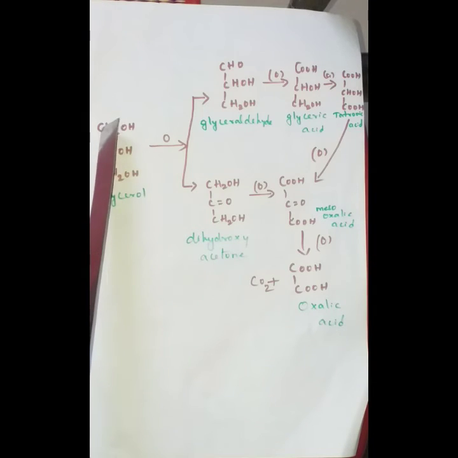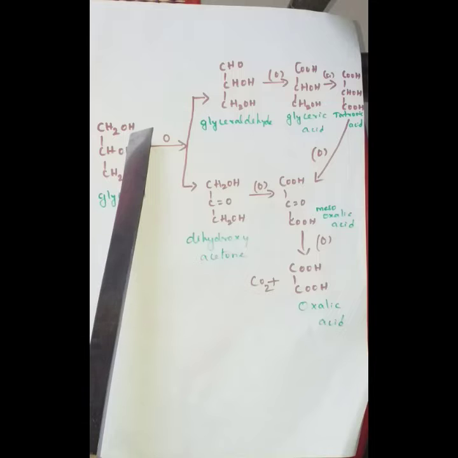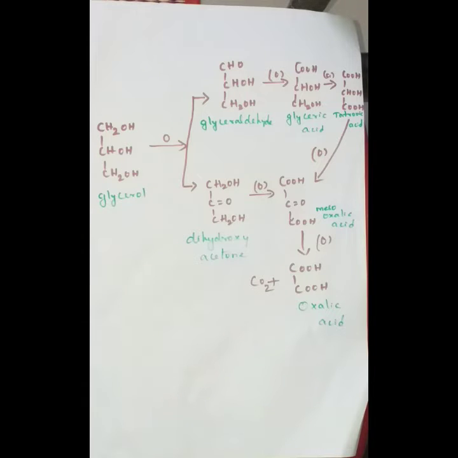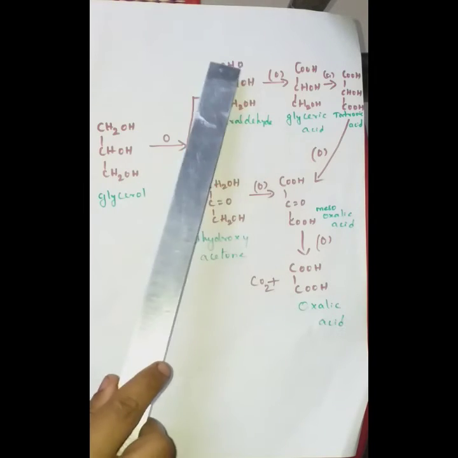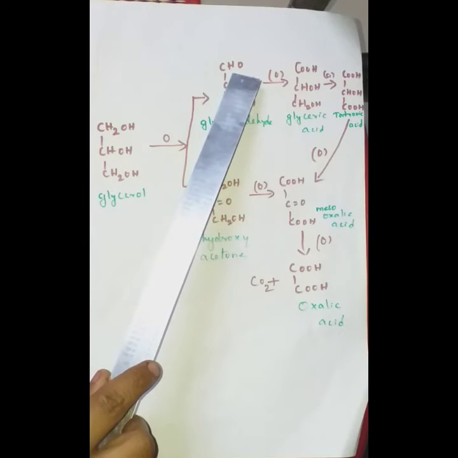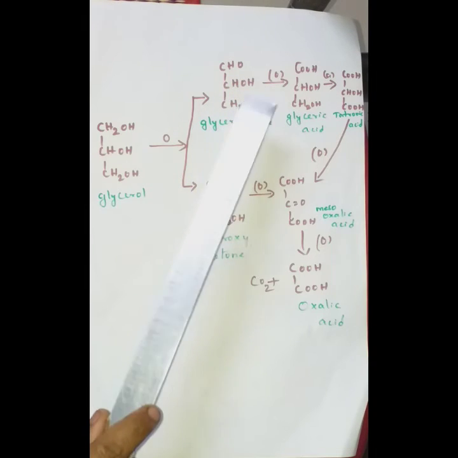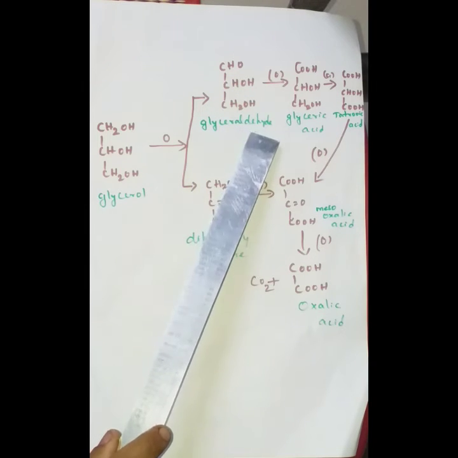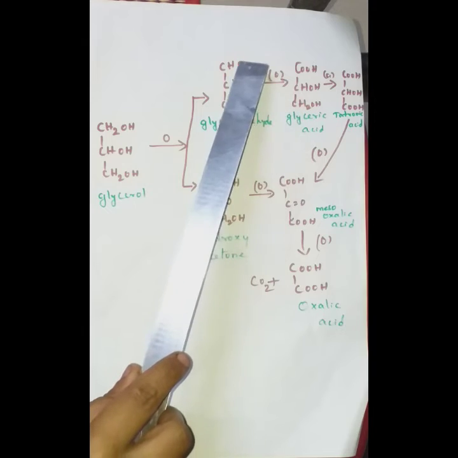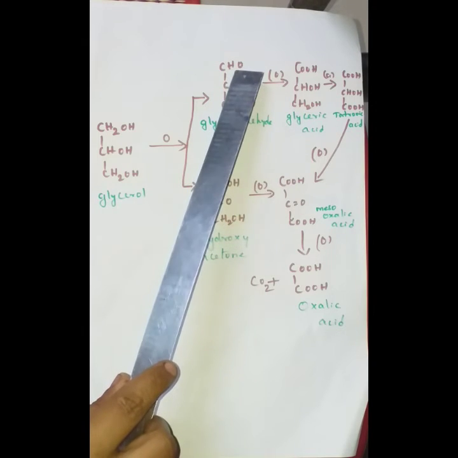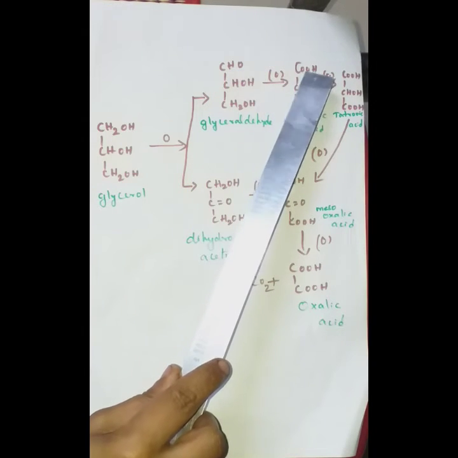Take the first carbon, we know it is a primary alcohol, oxidized to give aldehyde, and aldehyde converted into acid. So first the primary alcohol is oxidized to give aldehyde, with the remaining part the same. Its name is glyceraldehyde. Second, the same first carbon, the aldehyde group changes into acid group.